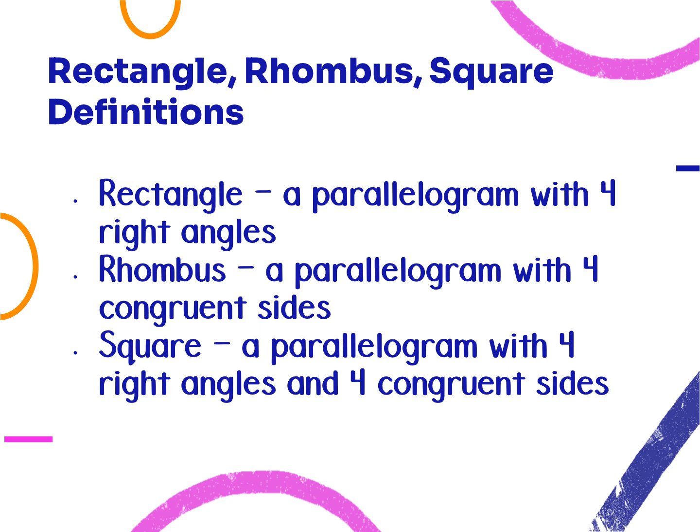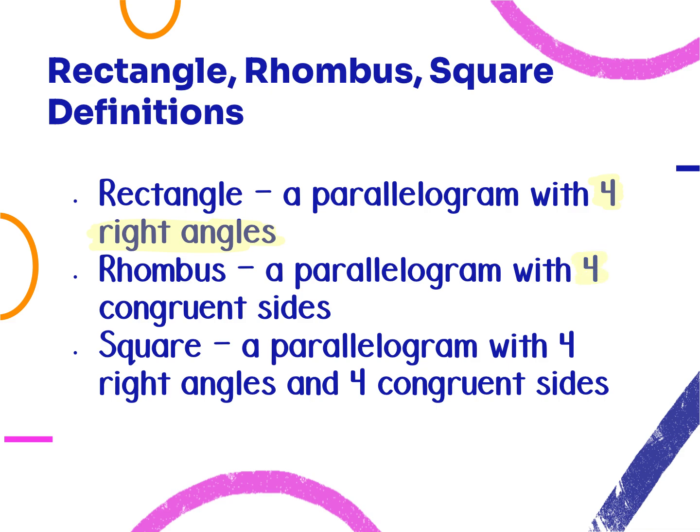All right, looking at these, rectangle, a parallelogram with 4 right angles. So that's something that you have to know. I feel like rectangle and square are easy ones. Rhombus is also easy, but I feel like we know what a rectangle looks like. We know what a square looks like. It's like they're all right angles, so hopefully it's pretty easy for those.